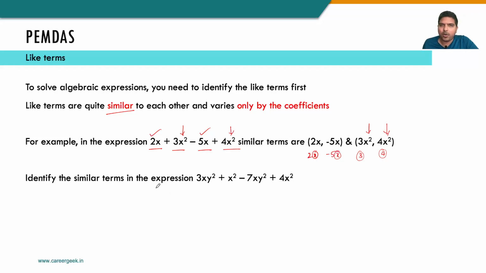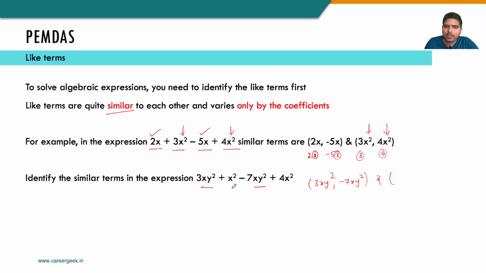Similarly, you can pause the video and try to identify the similar terms. Okay, so we'll concentrate only on the variables, right? I can see variable xy square, and is there anything else? Yes, xy square. So I'll say 3xy square and negative 7xy square are similar.